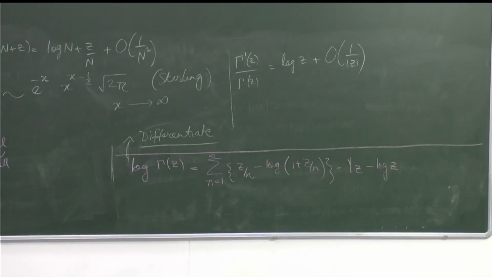Differentiate this, then you get gamma prime z. I mean, you have a log here, so if you differentiate, you get gamma prime by gamma. And do you get the rest of the terms? Can you check? Please try to do this yourself. Okay, did you get them? Did you get the terms?